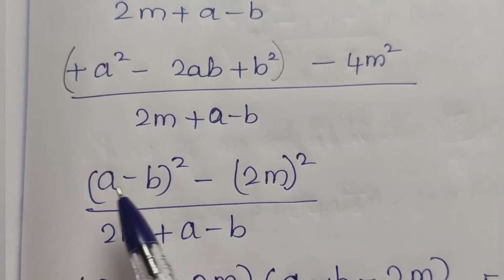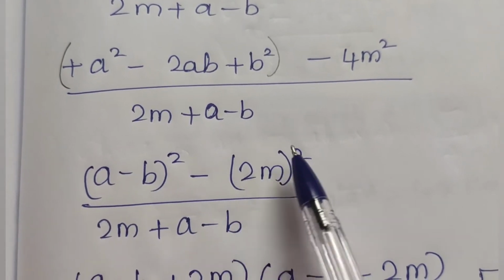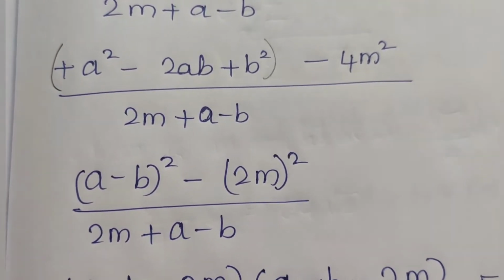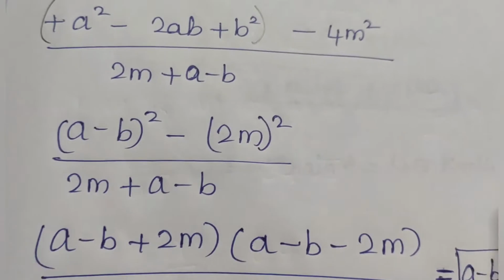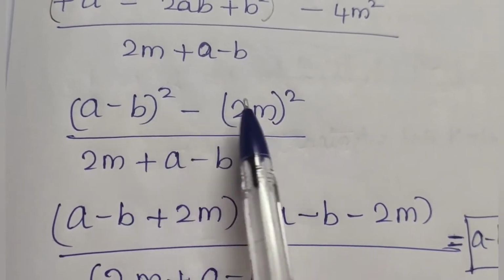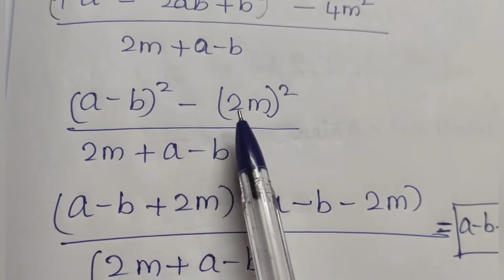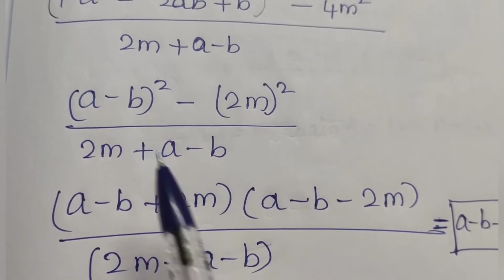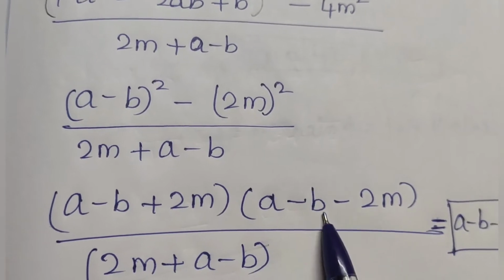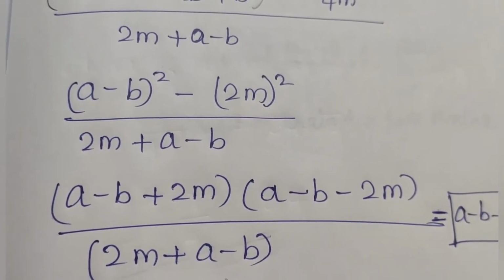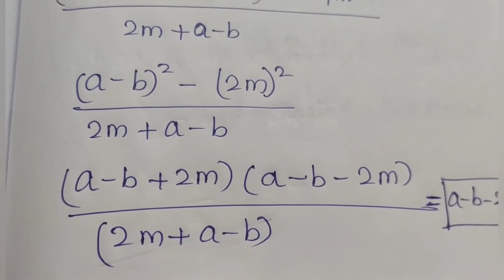This is of the form a square minus b square, which says a plus b into a minus b. So I get a square minus b square is equal to a plus b. Here A is a minus b, plus b is plus 2m, into a is a minus b, minus 2m, by 2m plus a minus b.